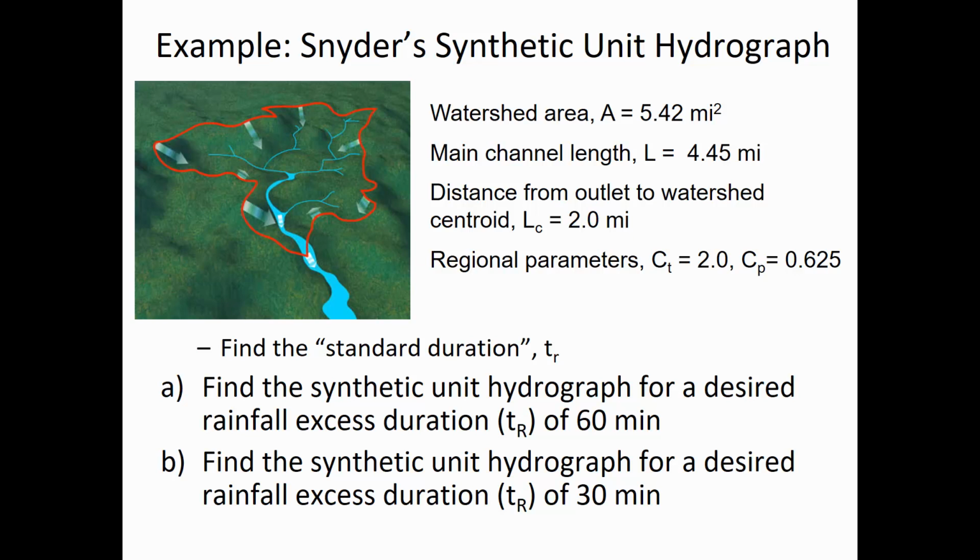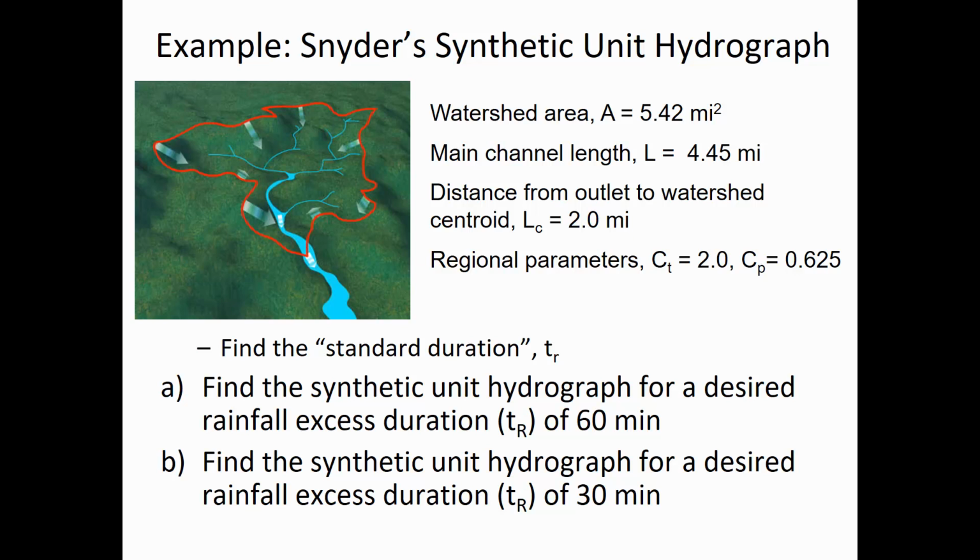So it's going to be 1.0 times the C sub t of 2.0, and that is to the power of 0.3. Oh, no, sorry, I've missed something here. The L sub c's, right. The length of 4.45 miles times 2.0 miles to the 0.3 power.